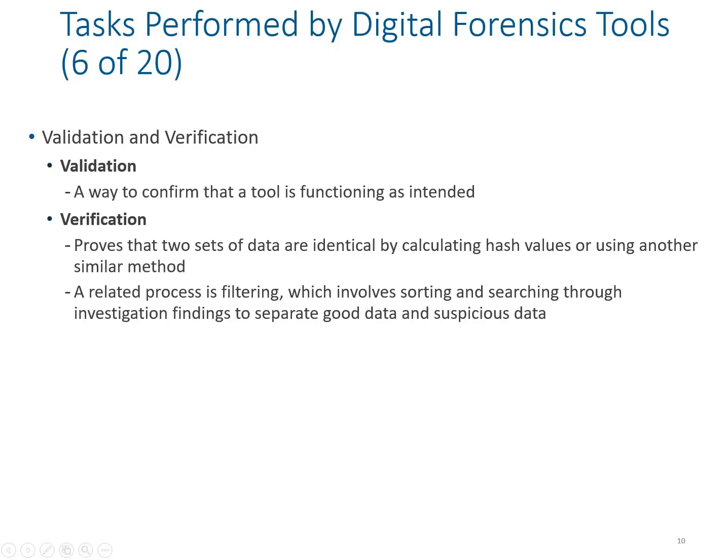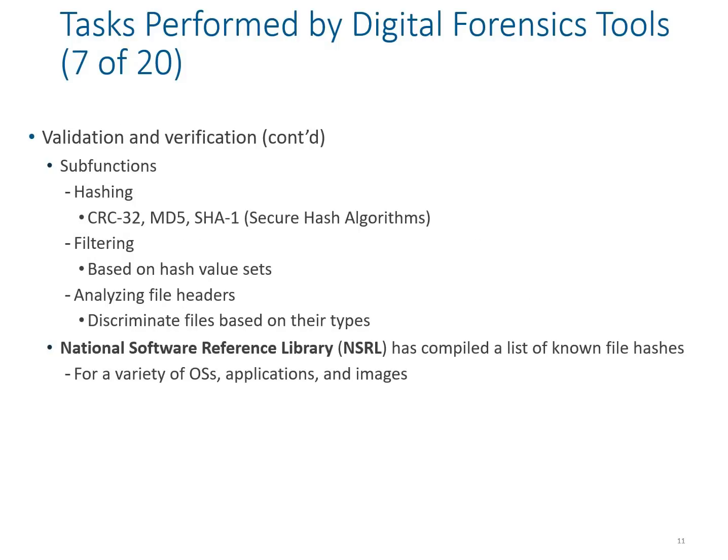They'll have a certain hash code which remains the same, and if there is a difference in the original hash code of the files, like the operating system files or the Word documents or Excel sheets, we can compare it with the initial hash code that we collected once Windows was installed. It could be CRC32, MD5, SHA. Once we collect that, we can conduct filtering based on the hash value sets.